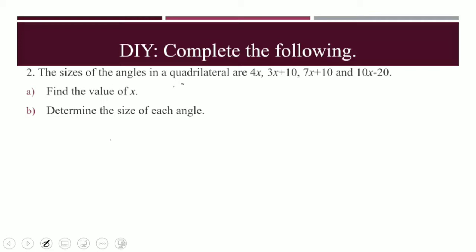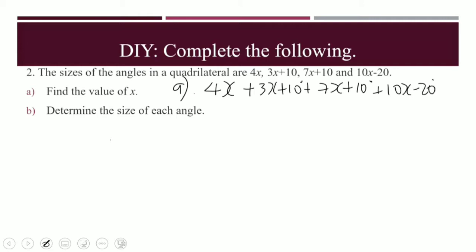All right, so here we go. Let's get down to business. Part A, we have 4x plus 3x plus 10 plus 7x plus 10 degrees plus 10x minus 20 degrees, and all of that is equal to 360 degrees. Putting all our like terms together, 4x plus 3x plus 7x plus 10x, you can write that in a separate line.